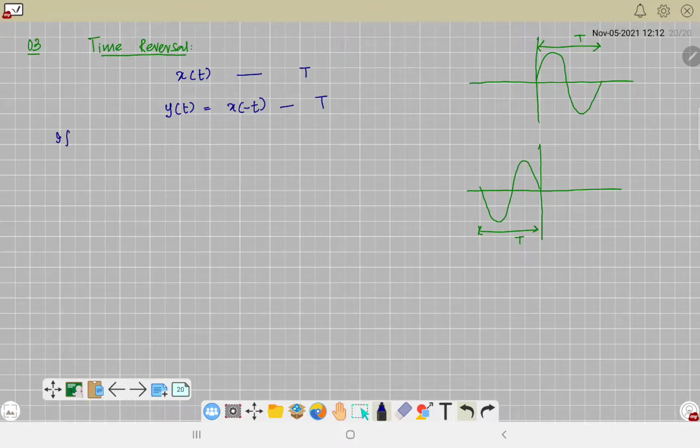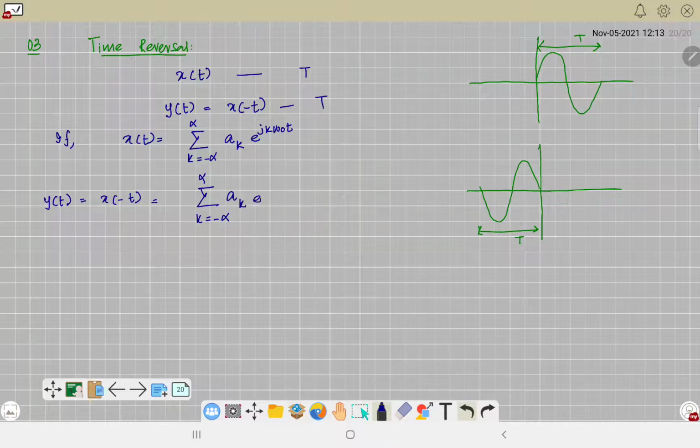So again, we'll do a bit of mathematical analysis. I have x of t. You can express it as a Fourier series, summation from minus infinity to plus infinity, it is the general synthesis equation, a of k e raised power j k omega naught t. Fine. Then I can define y of t, which is nothing but x of minus t, as summation k running from minus infinity to plus infinity a of k e raised power minus j k omega naught t.